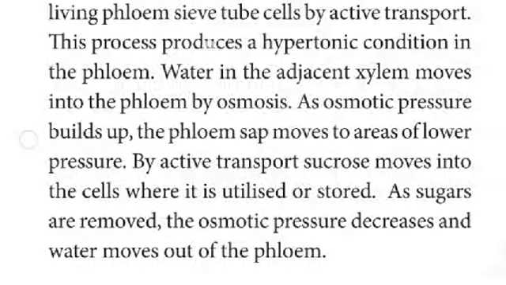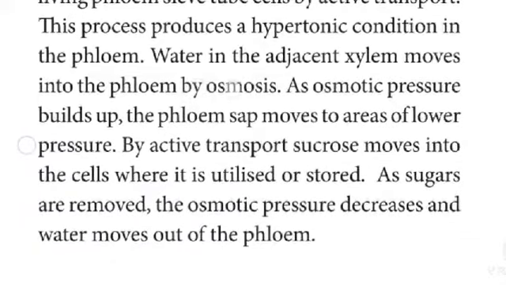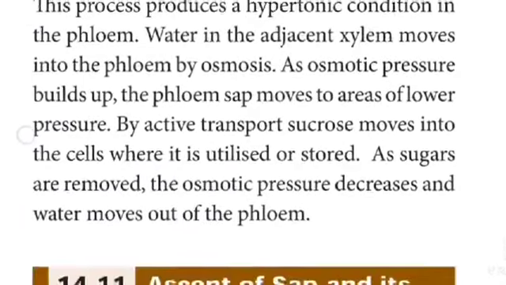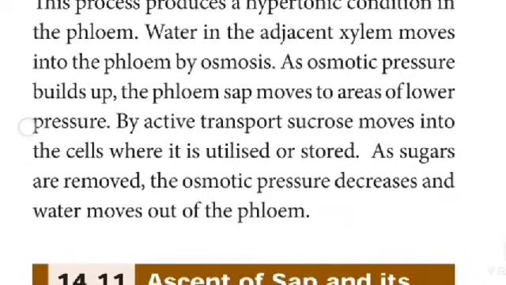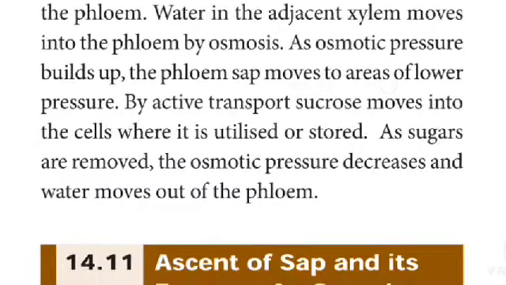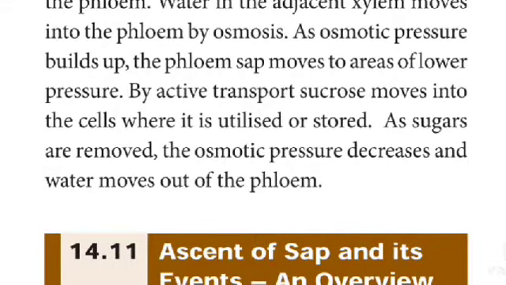This process produces a hypertonic condition in the phloem. Water from the adjacent xylem moves into the phloem by osmosis. As osmotic pressure builds up, the phloem sap moves to areas of lower pressure.